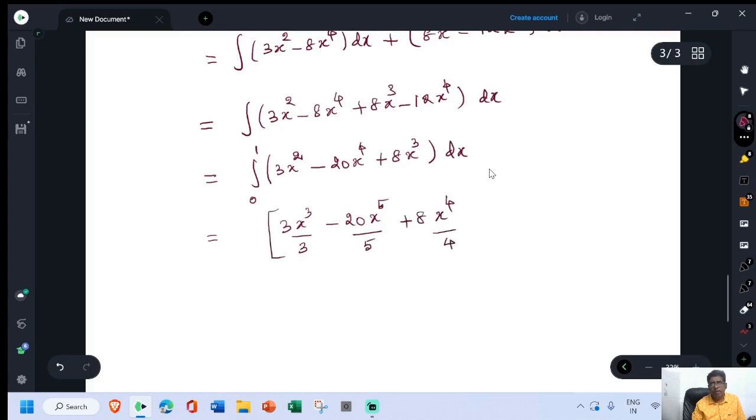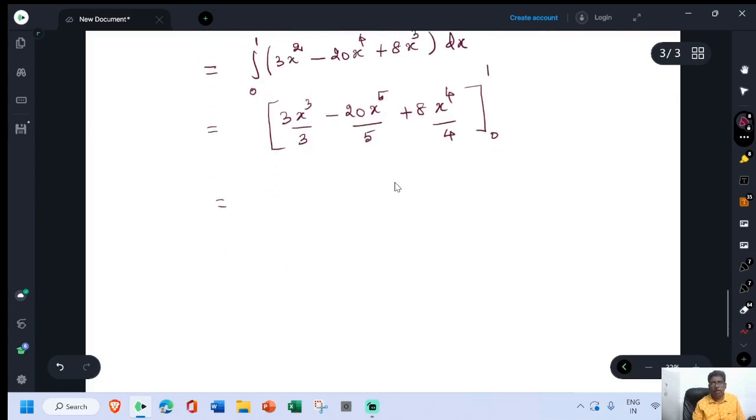Now apply the limits 0 and 1, which is equal to, this is 1, 3 by 3, instead of x you have to put 1, this is 4, you may get 20 by 5 equal to 4 into 1 power 5, 1 plus 2, 4, 2 4s are 8 into 1 power 4, 1, 2.